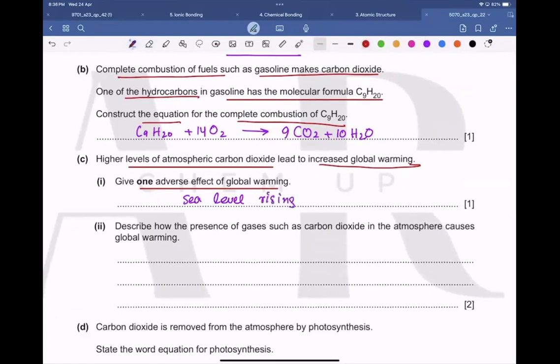Okay. Now, part two, describe how the presence of gases such as carbon dioxide in the atmosphere causes global warming. So it's the thing that I have told you, the greenhouse gas effect.